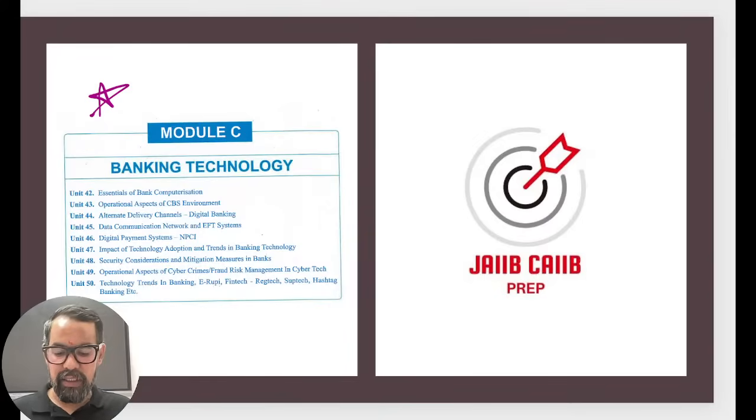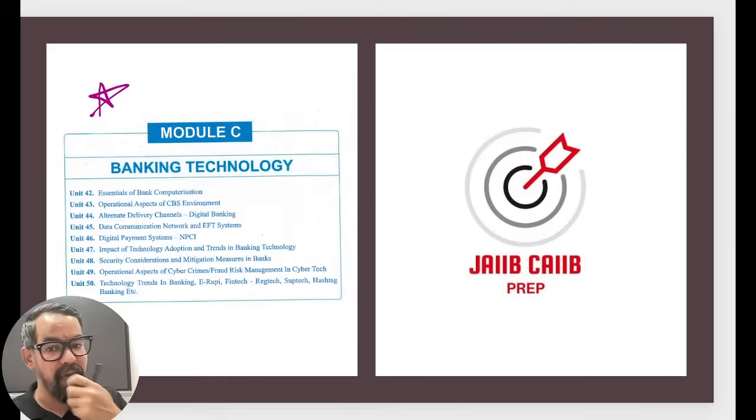In this particular session, we are going to revise and discuss our unit-wise MCQs based on PPB Module C, which is all about banking technology. Nowadays, the entire banking system is technology driven, so we have different tools, and you can expect questions around these.